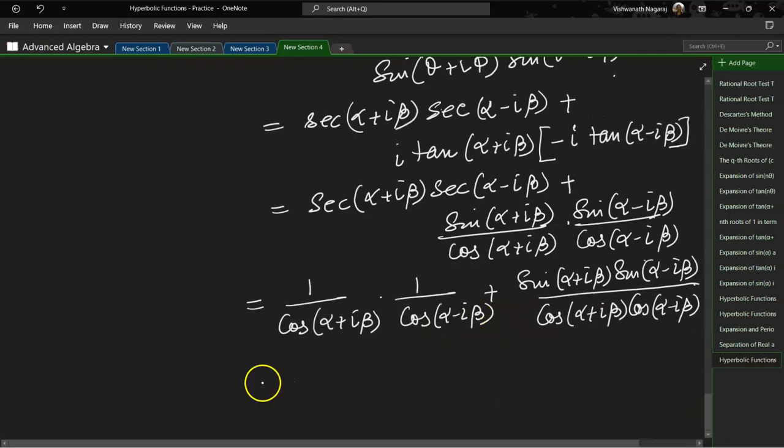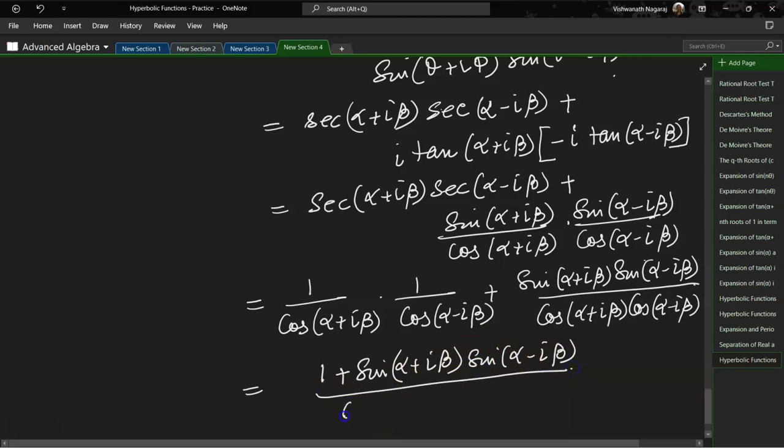So the denominators are same, so we can add them up: 1 plus sin(alpha + iβ) sin(alpha − iβ) by cos(alpha + iβ) cos(alpha − iβ).